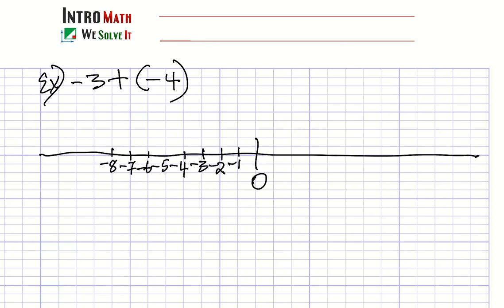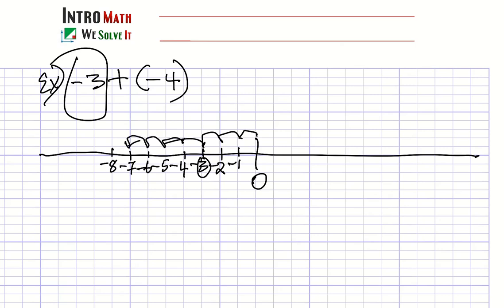And then you start from 0. Negative means you go leftward. So you start from 0 and count 3 to the left: 1, 2, 3. You stop at -3. Then you continue, going left another 4 units: 1, 2, 3, 4.